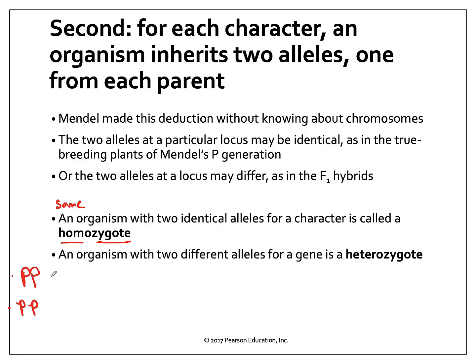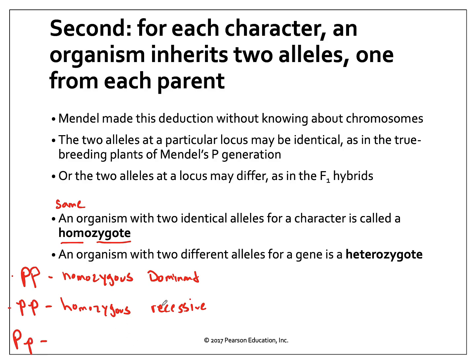Big P, those are both capital. Little p, those are both lowercase. So this individual would be called homozygous dominant. And this one would be homozygous recessive.